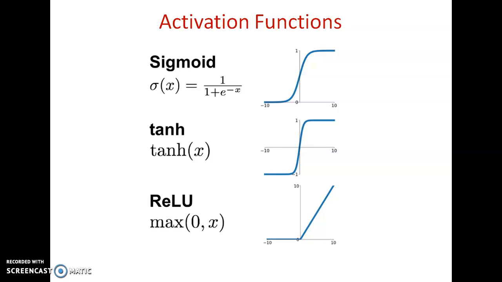We can represent it mathematically where f of x is equal to 0 for x less than 0, and the output value becomes 1 for x greater than or equal to 0. So these are some of the formats of the activation functions.